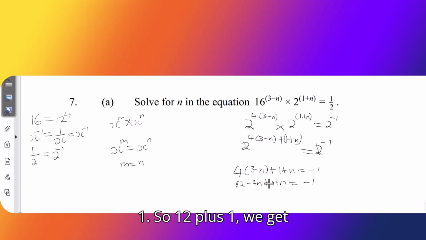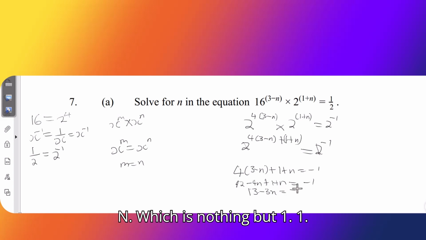So 12 plus 1, we get 13. So 13 minus 4n plus n, we get minus 3n, which is nothing but minus 1. So minus 3n is equal to minus 1.